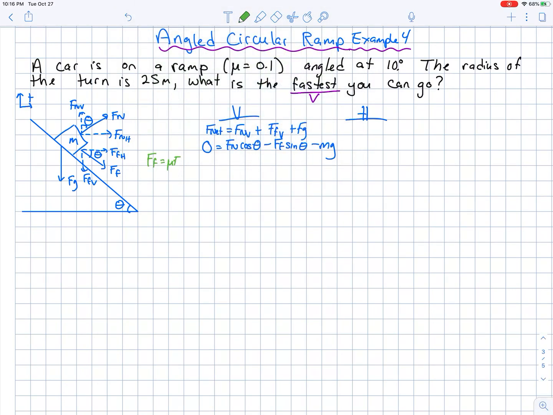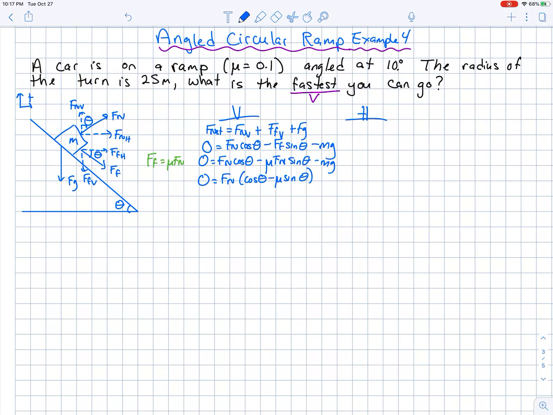Before we go any further, we're just going to recall that the frictional force is equal to mu Fn. So we're actually going to substitute that in right now. And so our next step, we're going to say 0 is equal to Fn cosine theta minus mu Fn sine theta minus mg. So we are going to rearrange this for Fn. So the first thing would be to collect the like terms, factor out the Fn.